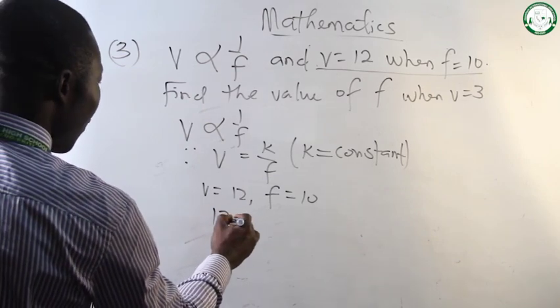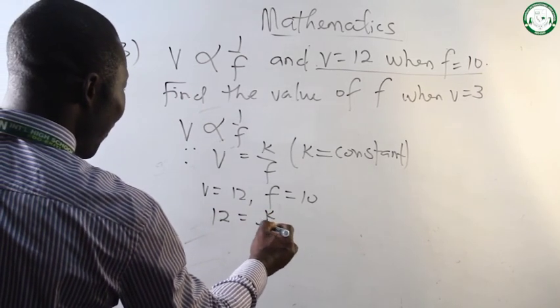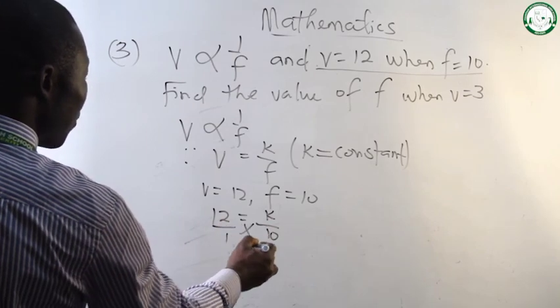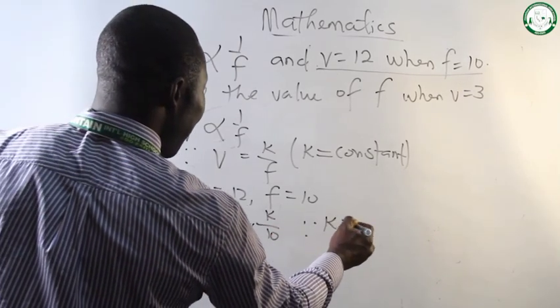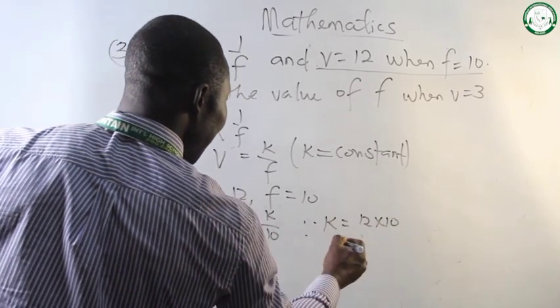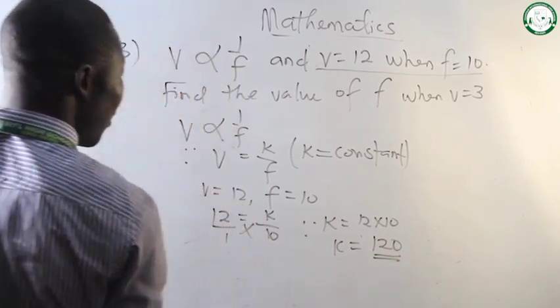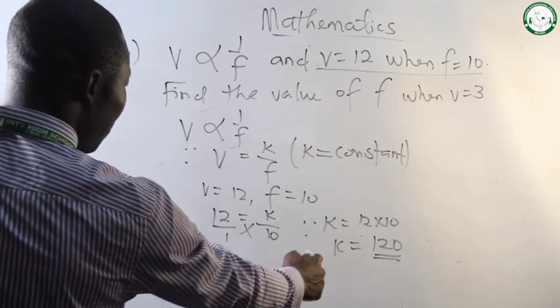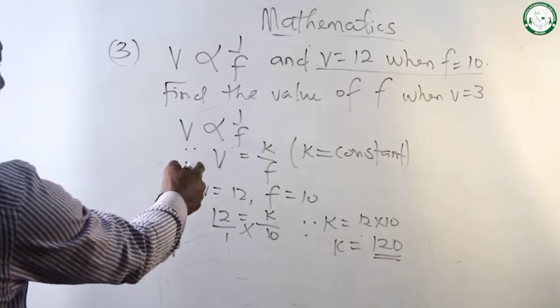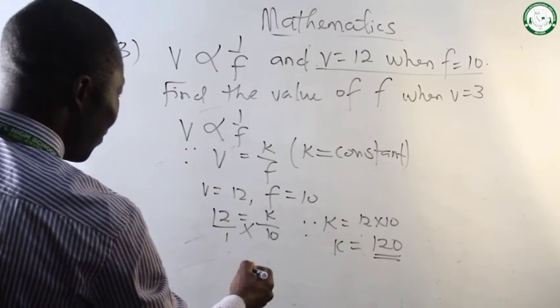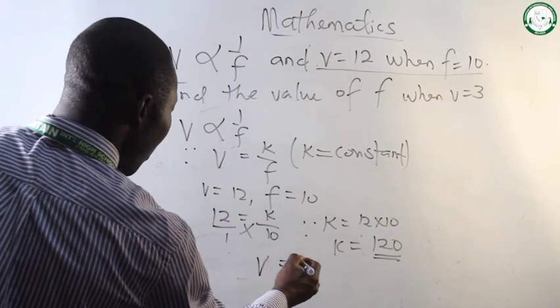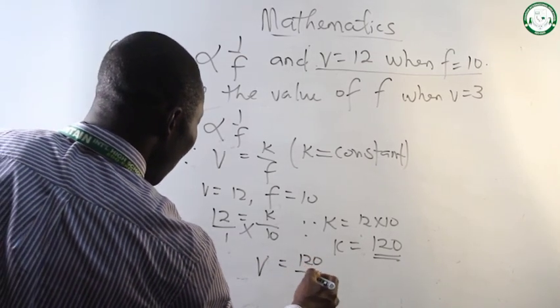It means 12 equals k over 10. We cross multiply. Therefore, k equals 12 times 10, so k equals 120. Don't forget, we put it back into the equation: v equals 120 over f.